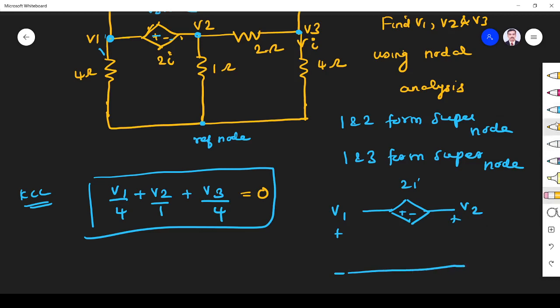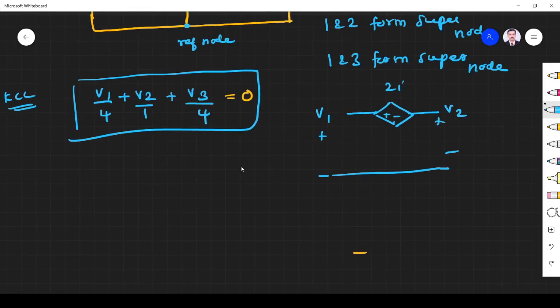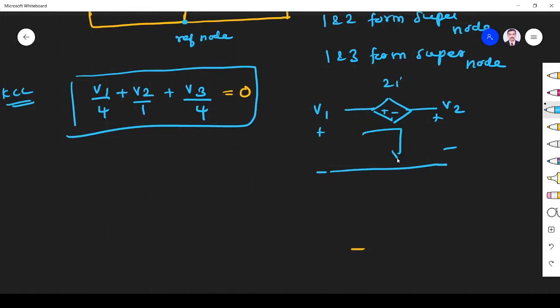So I apply KVL in this supernode branch. From here it is minus V1, and plus 2I.